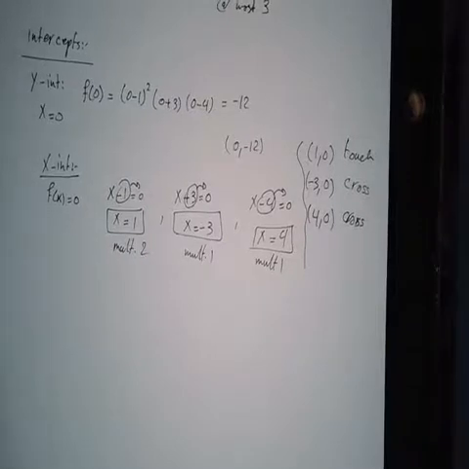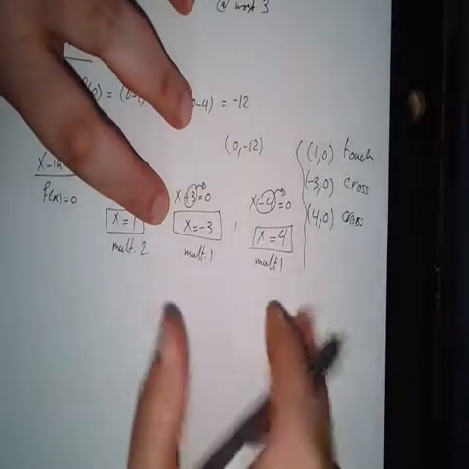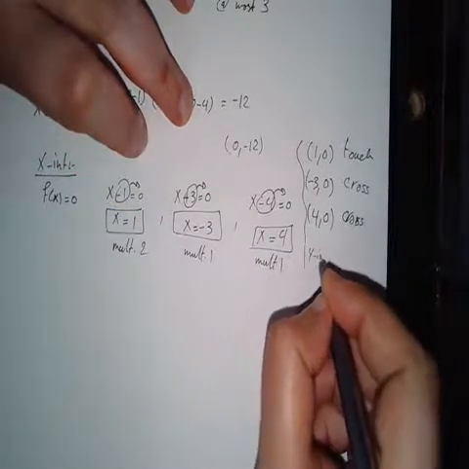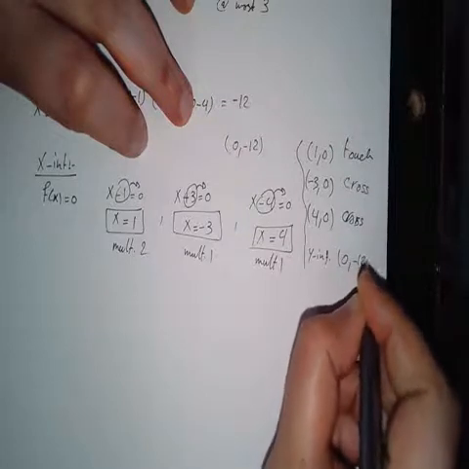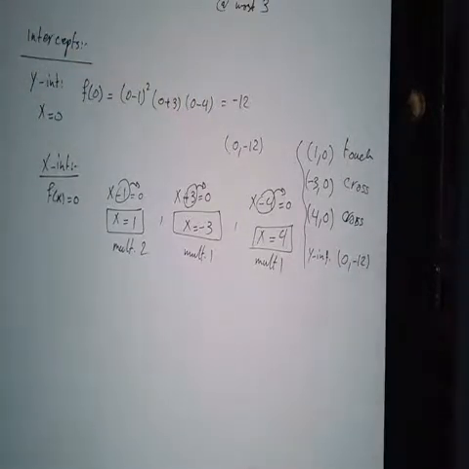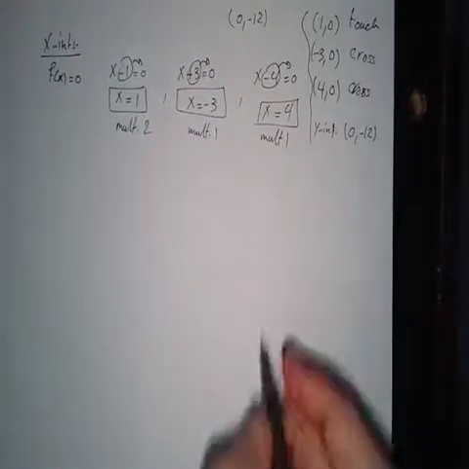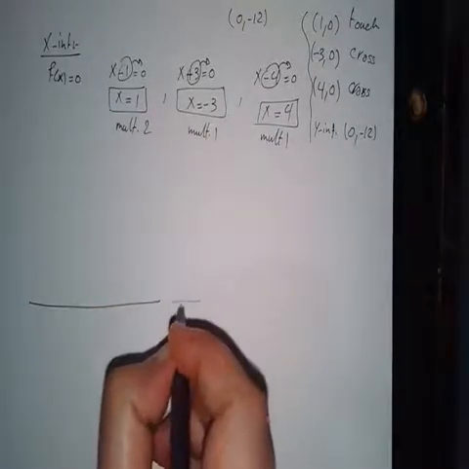Alright, now we try to sketch this. Okay, so since I have all the points here, I'm going to add my y-intercept over here as well. 0, negative 12, and then go up a little so we can see the graph and the points together as I graph it.